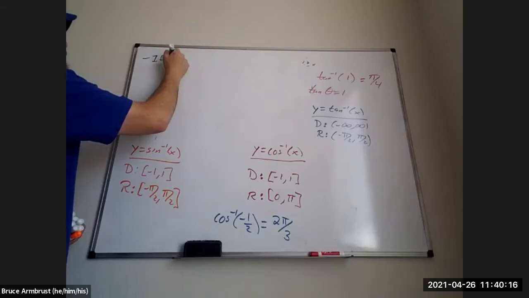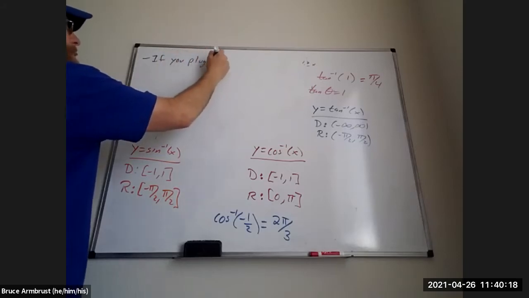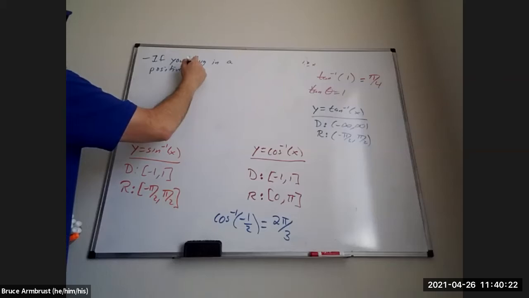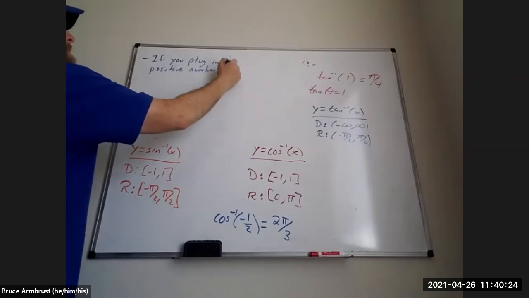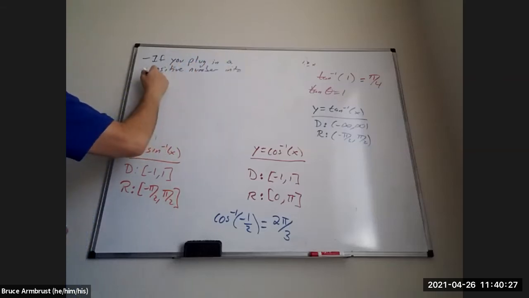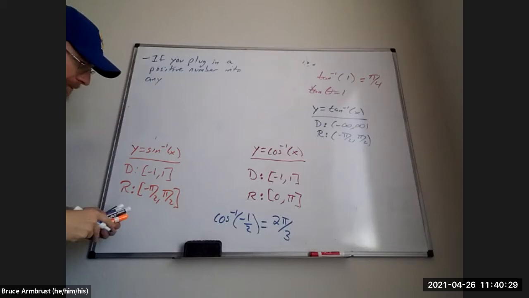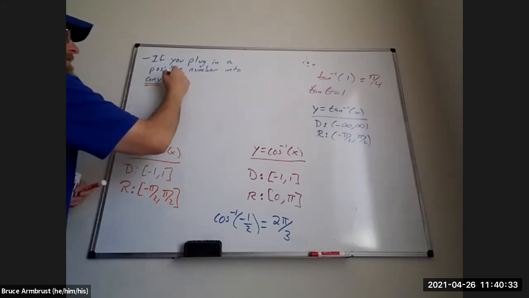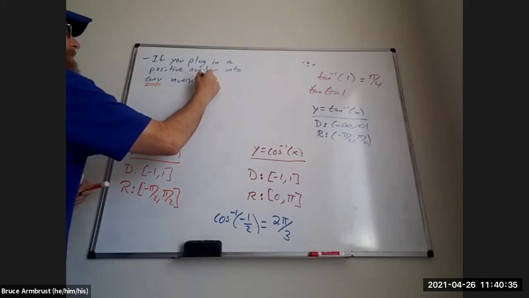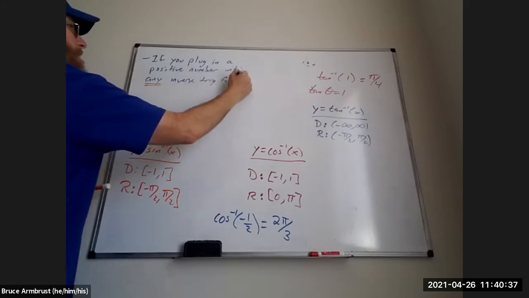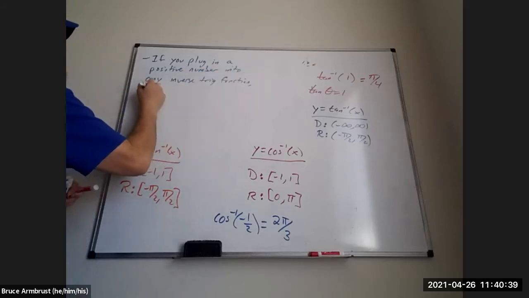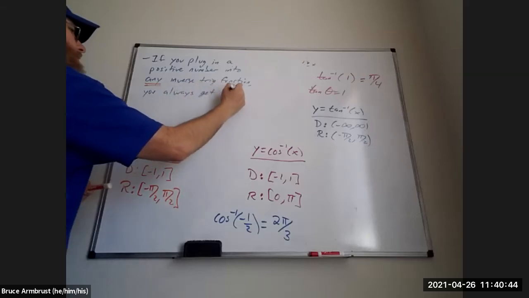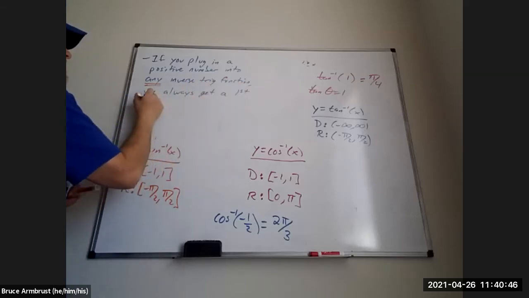Okay, if you plug in a positive number into any, this is awesome, any inverse trig function, you always get a first quadrant angle.